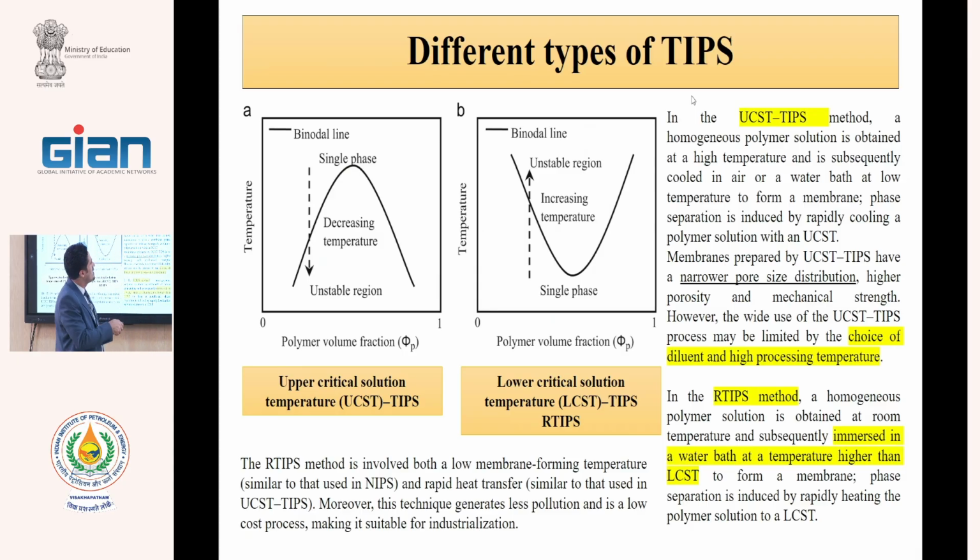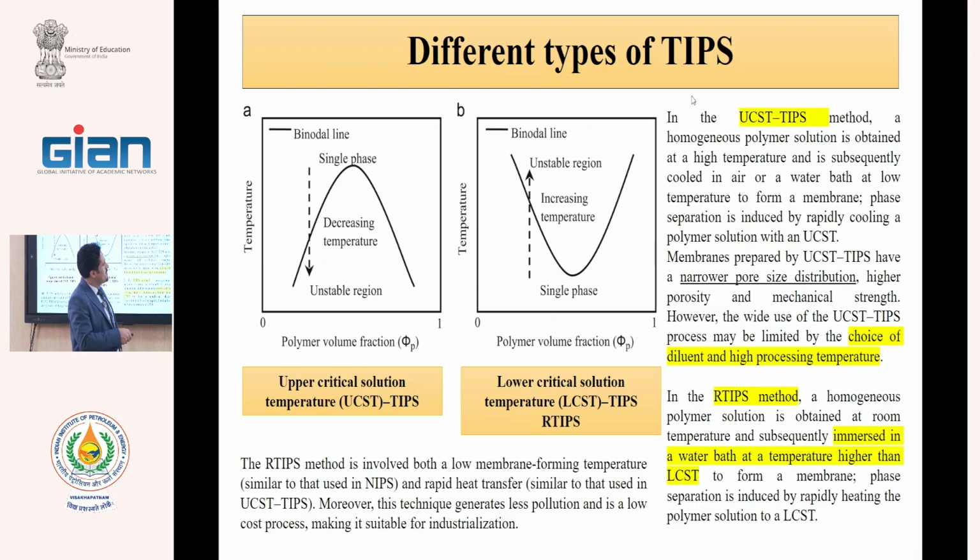Most of the TIPS in this method behave this way, but we have some solutions with reverse behavior. We say reverse TIPS. Some solutions are soluble at low temperature and become non-soluble with an increase of temperature. Most polymers have the first behavior, but some solvents and some polymers have this one. Mostly, with a change of solvent, this behavior changes.